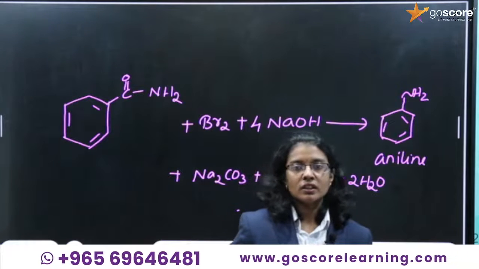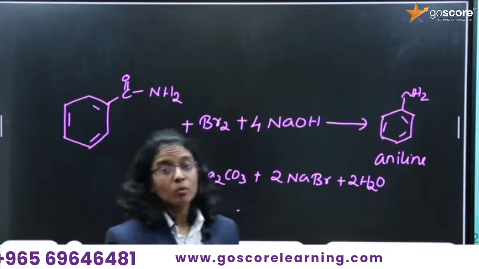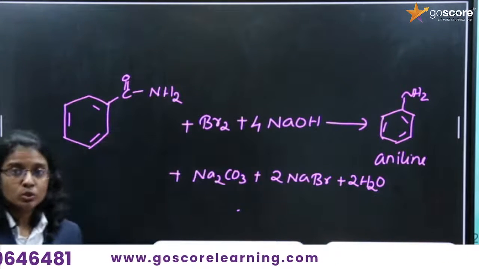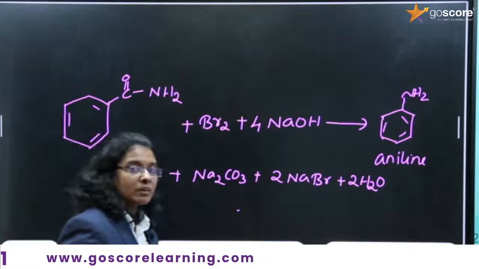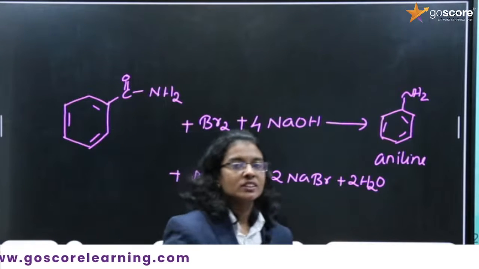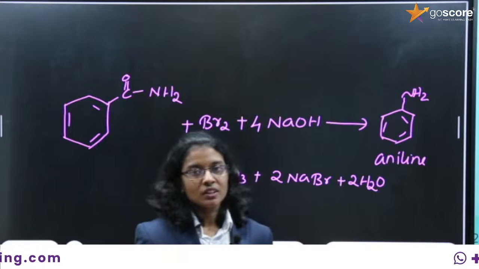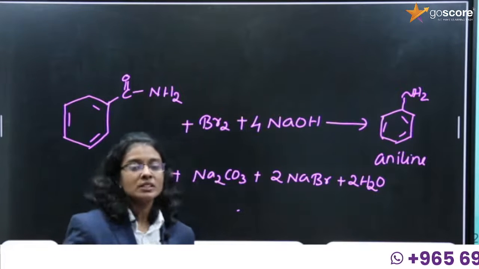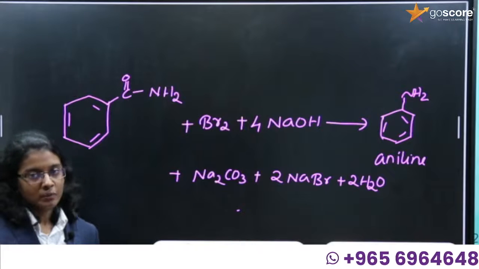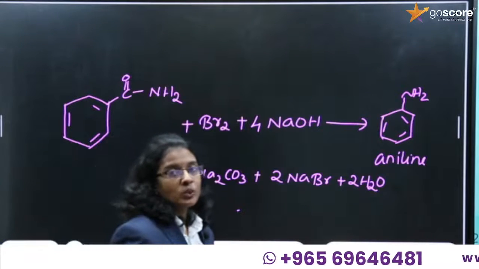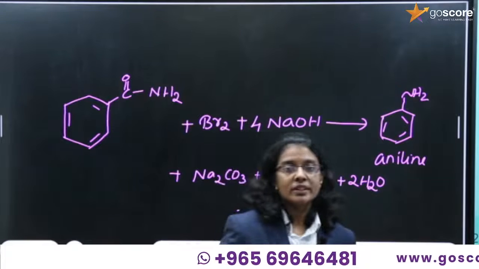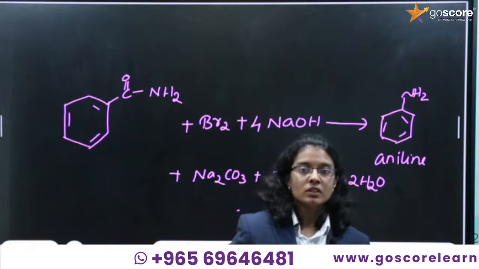Then, can you comment why ammonolysis is not a good choice of preparation for primary amine? Can you tell me the reason? Because we get a mixture of primary, secondary, and tertiary amines. Then, which other reagent do we use for the reduction of nitro compound?